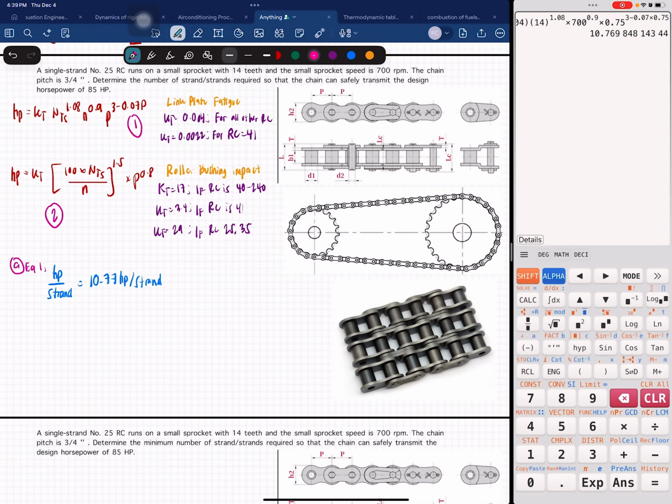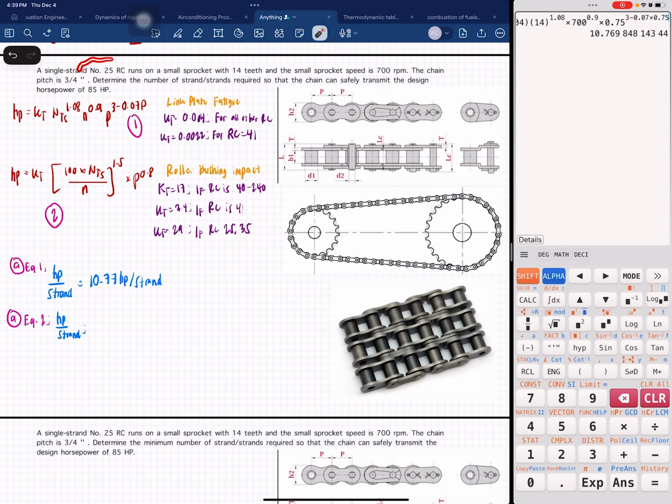So using equation 2, using our roller bushing impact, since this is roller chain number 25, we'll be using a KT value of 29.